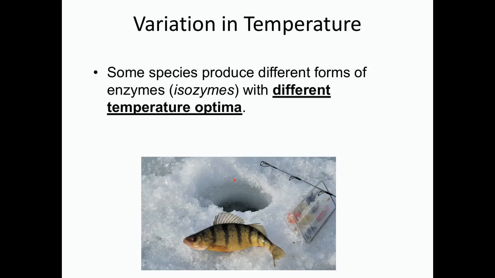So they're going to produce one enzyme one time of year that has a temperature optimum, such as in the summer they might produce an enzyme that has a higher temperature optima. And then during the winter, they'll produce another enzyme that has a lower temperature optima. And this way, they don't have to shut down in the winter. They just produce a different enzyme that functions better at that different temperature, allowing them to continue their metabolic processes regardless of which temperature they're in.